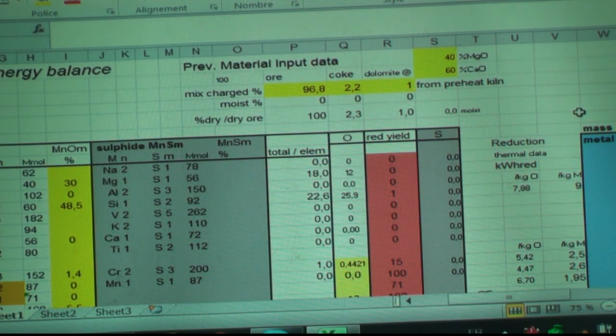And when we want to have a rich slag, the carbon consumption is reduced. In that case, we put the reduction yield less, less reduction yield of manganese.